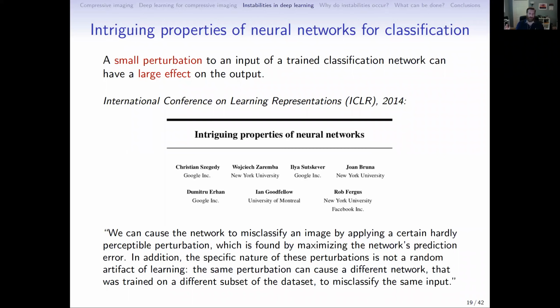And what they showed is that, given an image, they were able to construct a small perturbation of this image, such that when they fed that perturbed image into the network, it would produce completely the wrong label. Say the original image was a cat, and they would make a small perturbation to it. It would still look like a cat to the human eye, but suddenly the label would now be a dog.